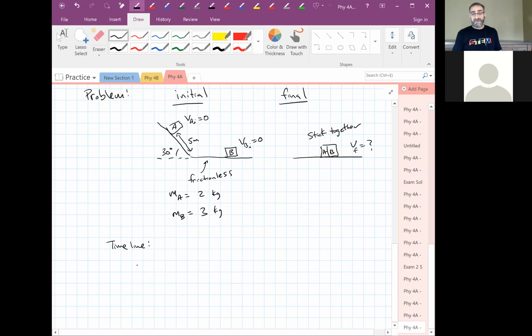What two times do I always have on my timeline? The split second before the collision and the split second after the collision. So just before the collision and just after the collision.